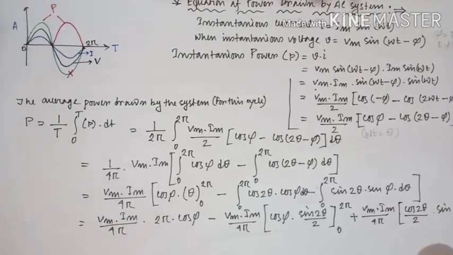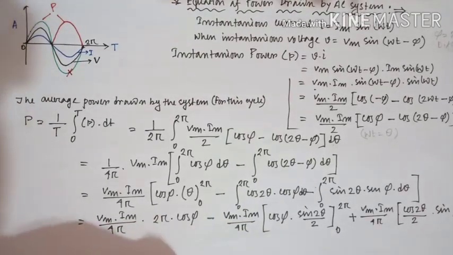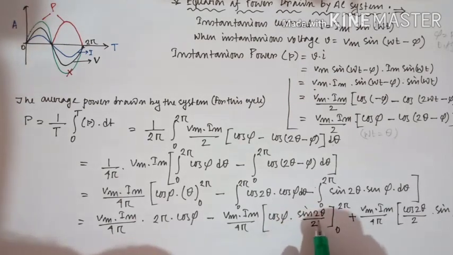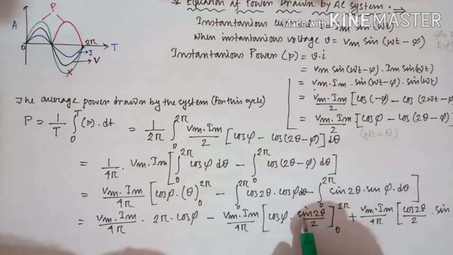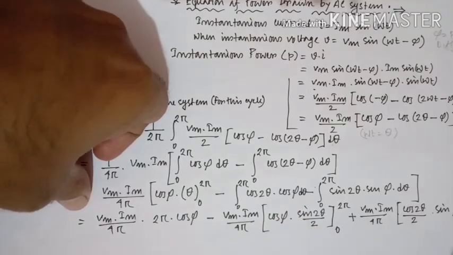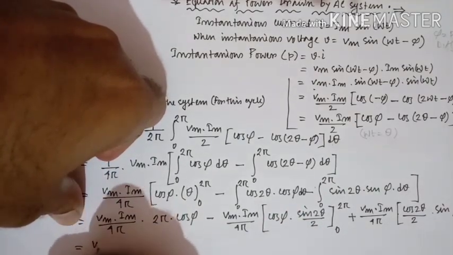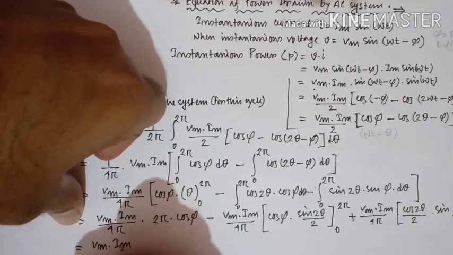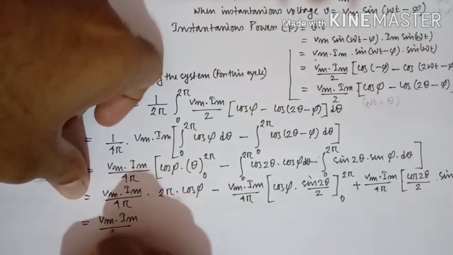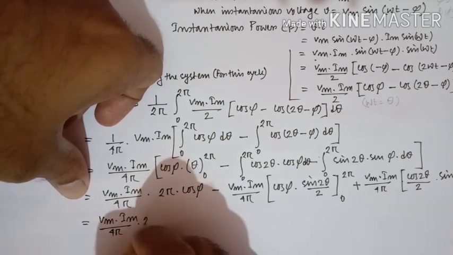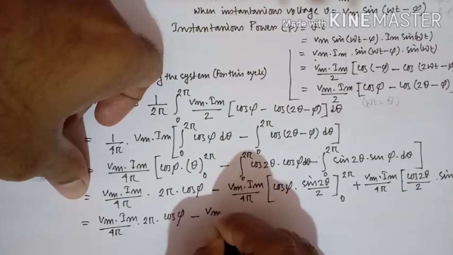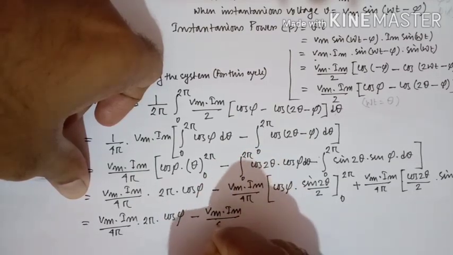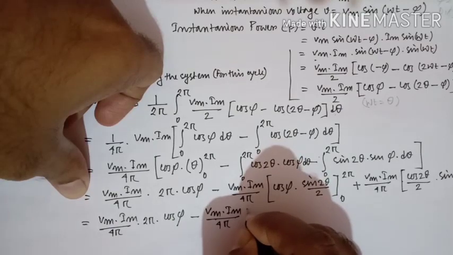So we have done the integration. Sin 2 theta by 2, if we put the value of 2 pi here, then it will be sin 2 pi minus sin 0. Let me explain it here in the next line. This is Vm Im by 4 pi into 2 pi cos phi minus take common Vm Im by 4 pi.